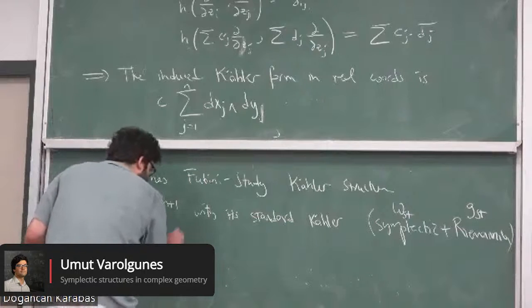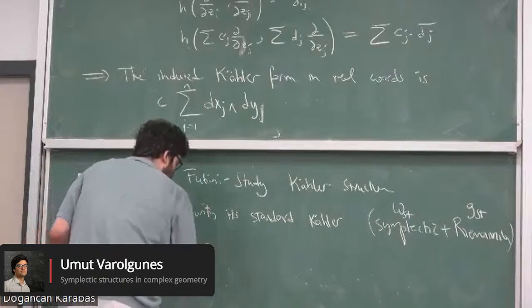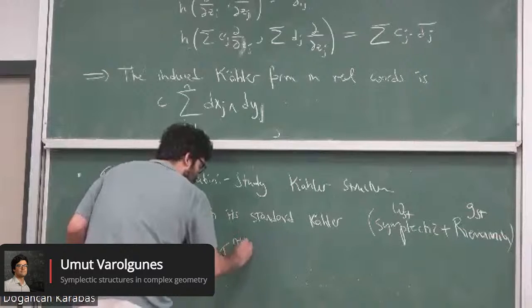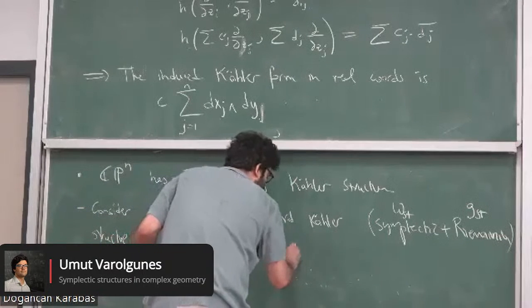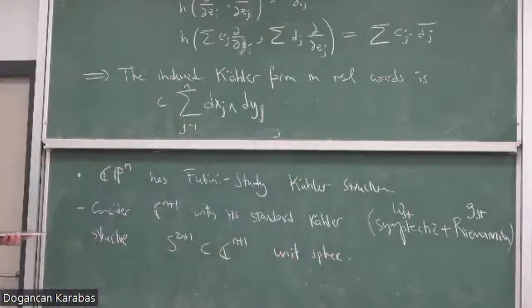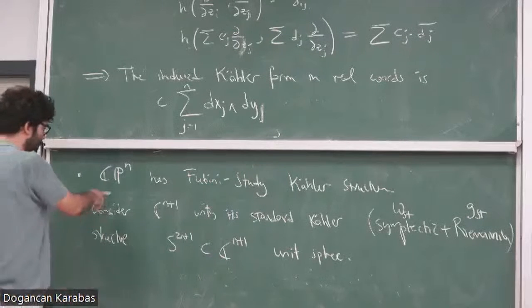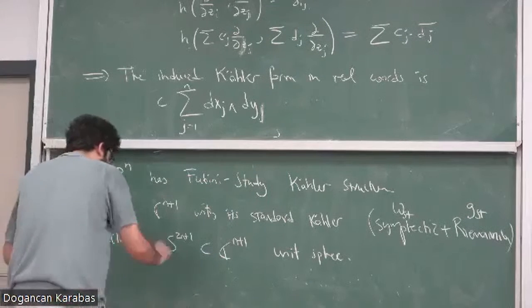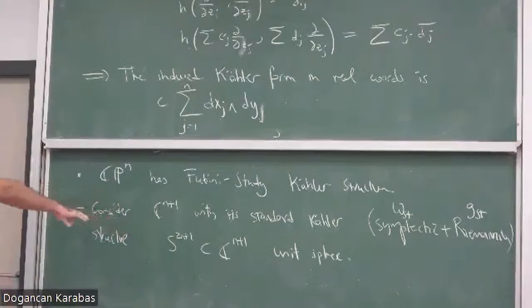And you consider S2n plus 1 inside Cn plus 1, the unit sphere with respect to the standard Riemannian metric. CPn is nothing but a quotient of this unit sphere by a circle action. Which circle action?